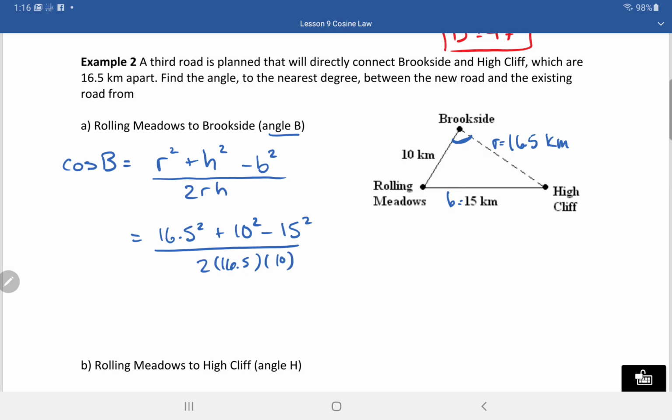So we're doing 16.5 squared plus 10 squared minus 15 squared. So notice we're basically adding together the two sides that form the angle, and we're subtracting the side across from the angle. And then we are dividing by the 16.5 and the 10 and the times by 2.